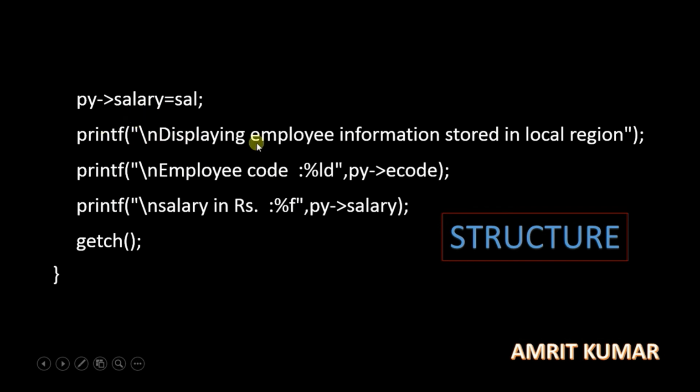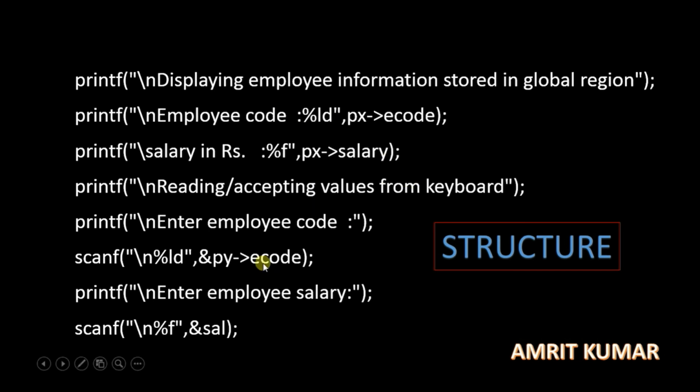Then after that I am printing that value, displaying employee information stored in the local region. Then I am displaying all the messages here, that py code, e code, is going to be in the long integer, and this py salary is going to be in the float data type. So that message is going to be printed here. This is the number which is given by the user.